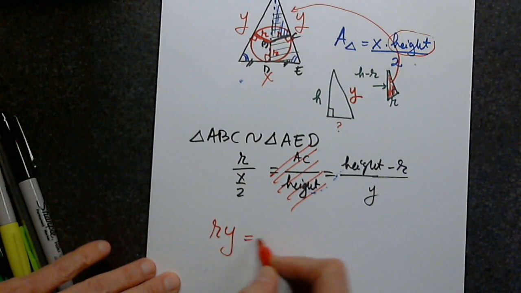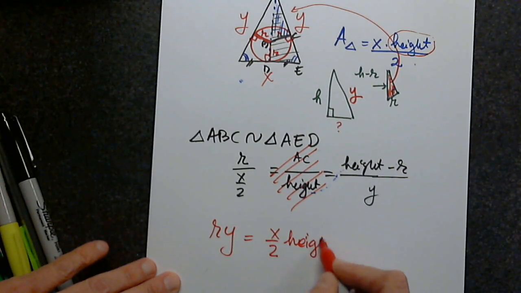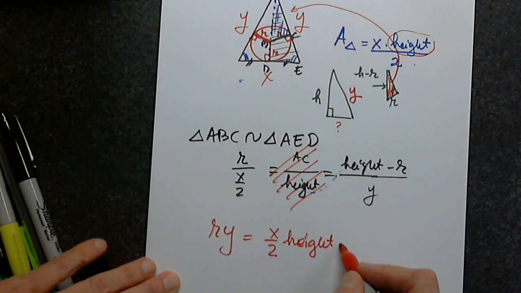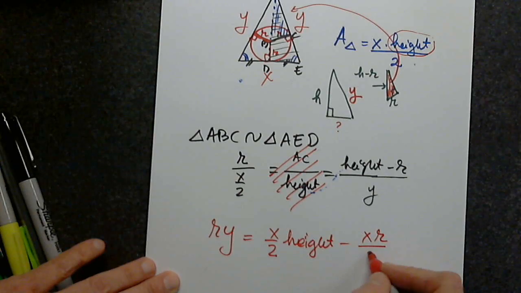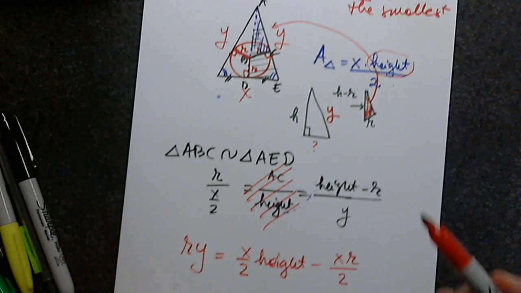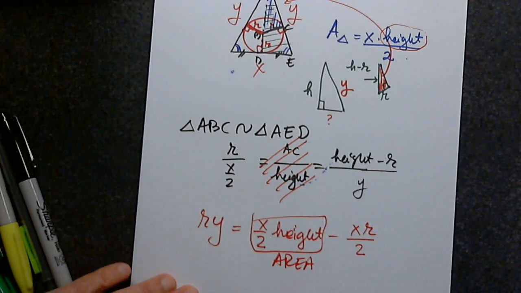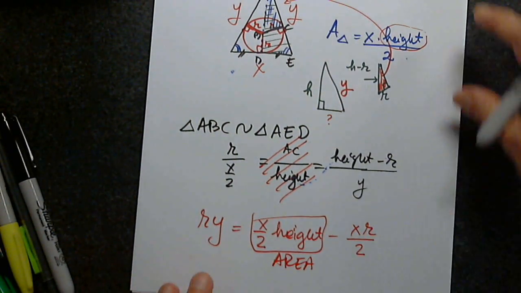So ry equals x over 2 multiplied by the height minus xr over 2. I start to like it because x times height over 2 is the area. So I'm going to move this here and see what happens.